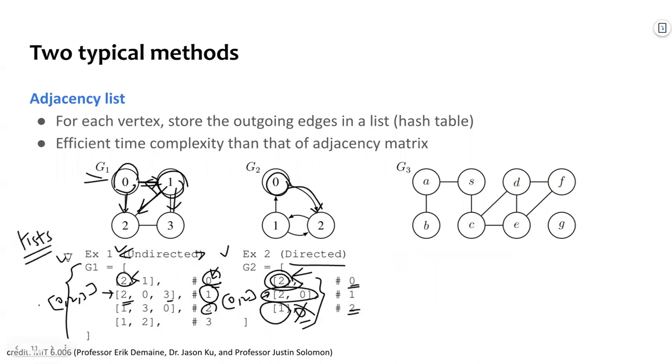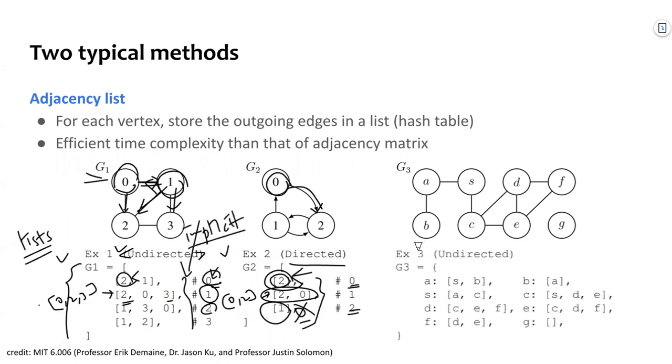However, this ordering is important. The ordering implicitly represents the nodes. And we want to make this one explicit using dictionaries.